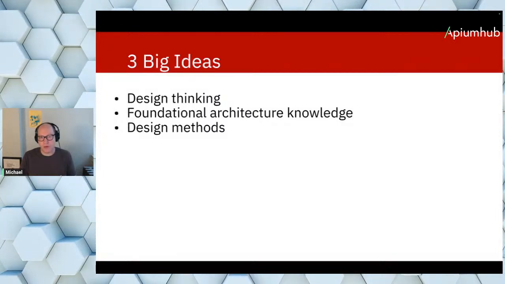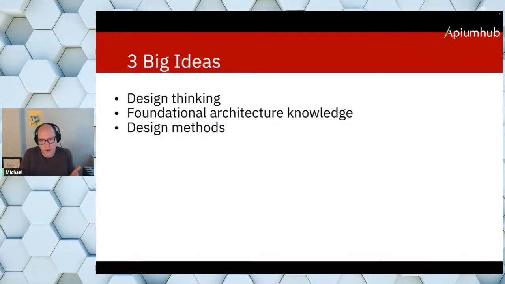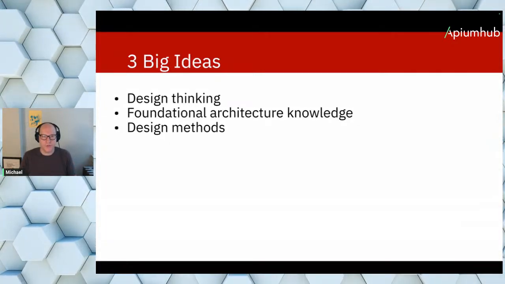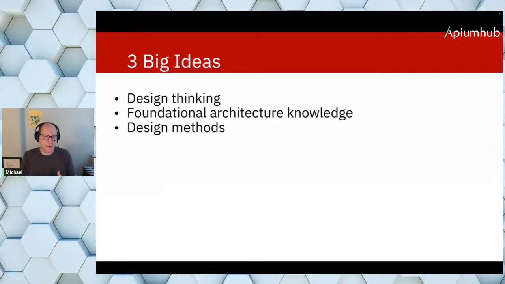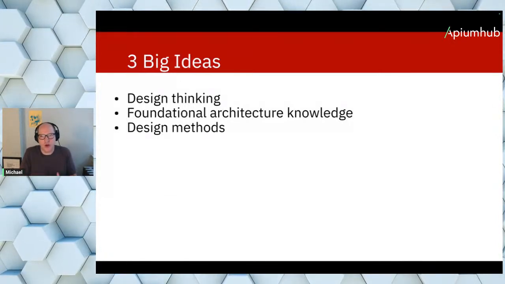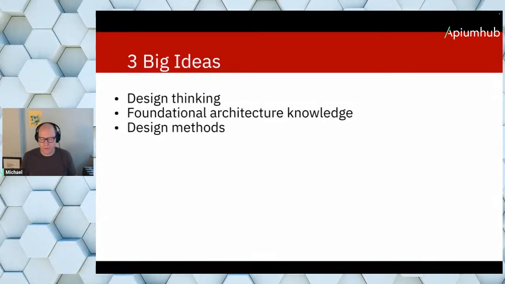Foundational knowledge that was needed, right? So things that you just have to know to be effective in designing architecture. And then design methods. So this is all about what do you do, right? How do you actually go about doing these types of things?